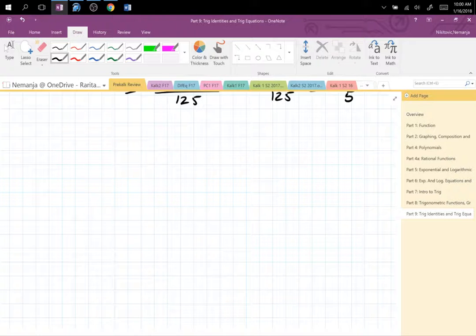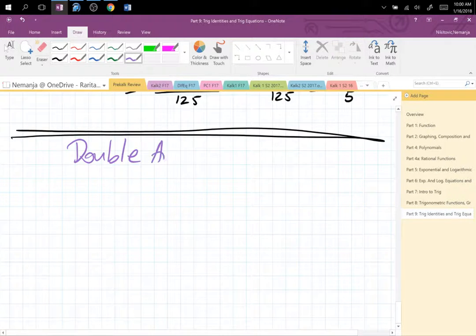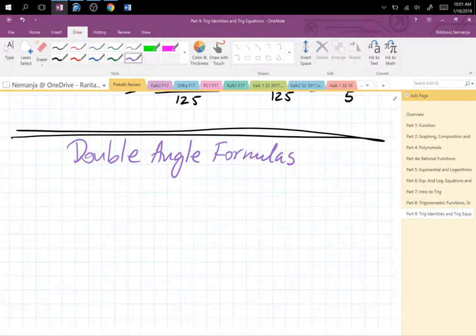So double angle formulas. Double angle is a sine of 2 alpha or sine 2x, whatever. Sine 2x or cosine 2x or tangent 2x.